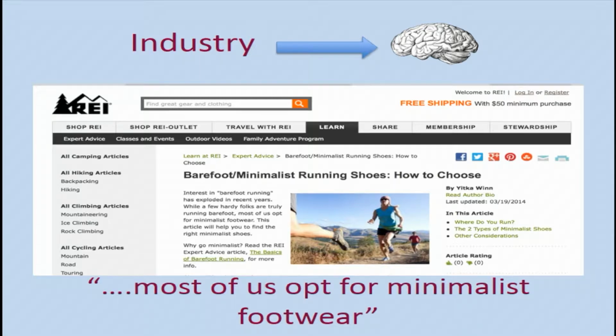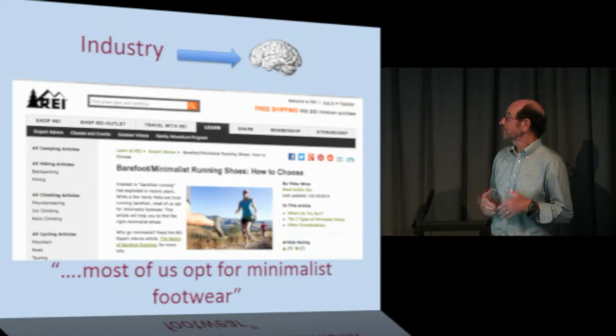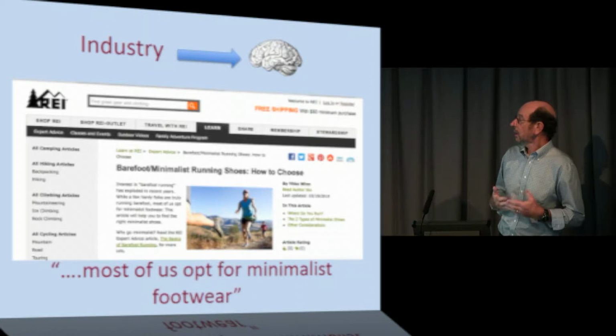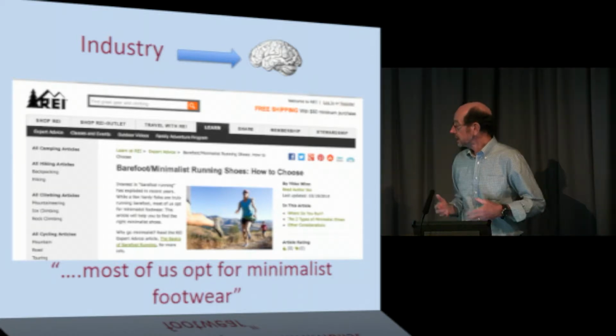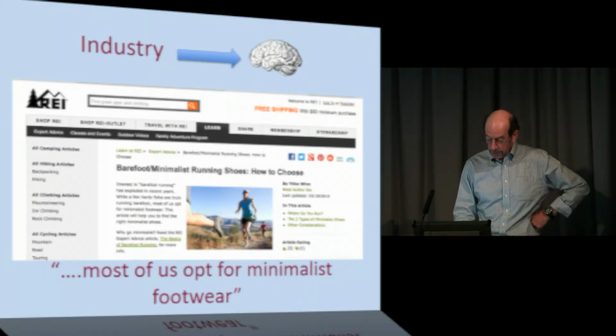And the quote that I've extracted down here says, preceded by, while a few hardy folks are running barefoot, most of us opt for minimalist footwear. So here's an assumption on this blog that that's the way to do it. This manufacturer, this is what you do. The current thinking, as far as they're concerned, is that you must wear minimalist shoes.